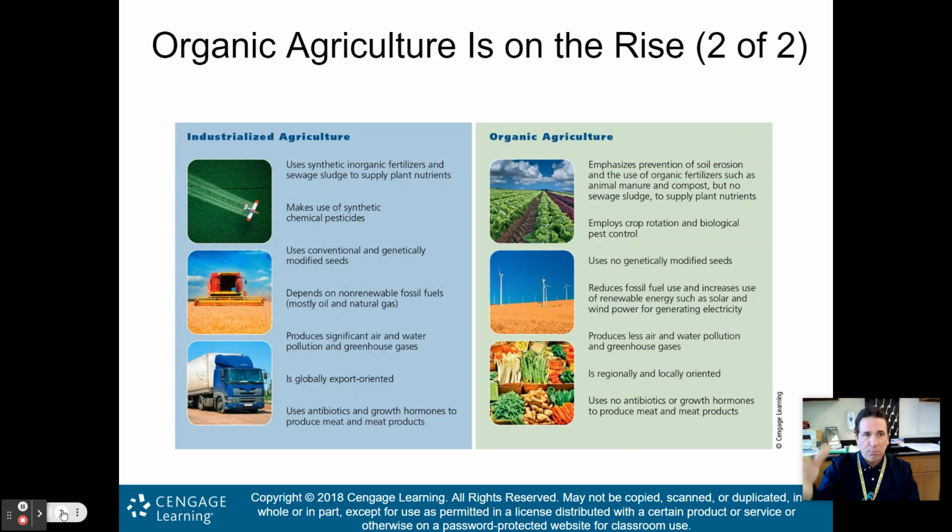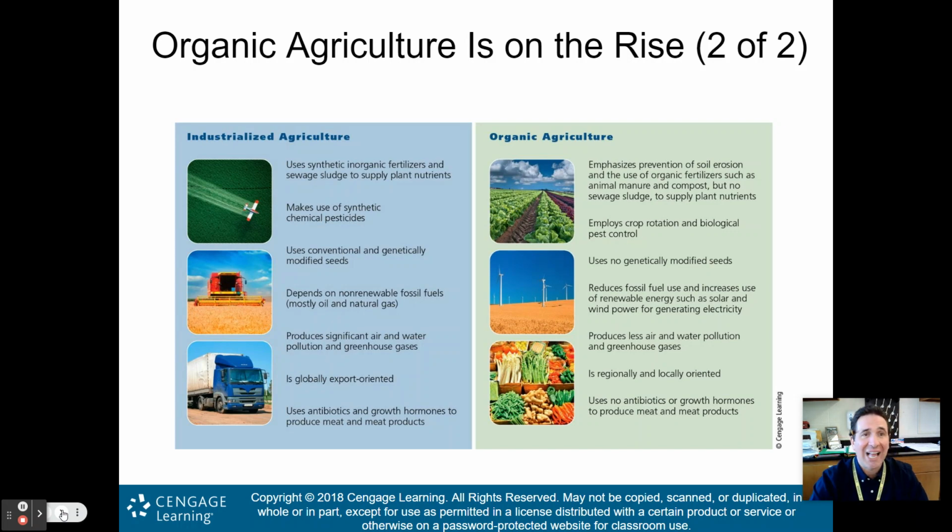So here are just some pros and cons between industrialized agriculture and more of your traditional polyculture, organic agriculture. And again, as you've known, as we've gone through this course, these are great slides to understand the yings and the yangs, the pros and the cons, so that you can use them for a potential FRQ.